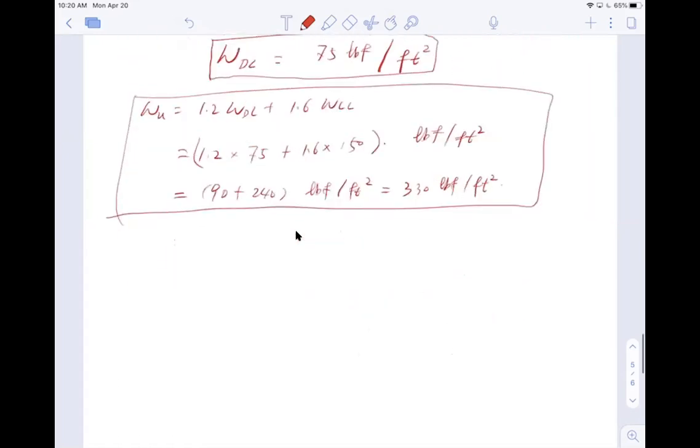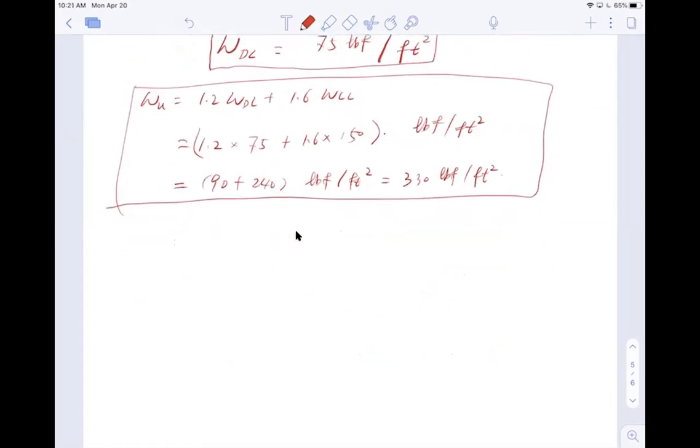Now here I have the factored load. What about moment? Eventually we're going to talk about positive moment or negative moment. So for example, the positive moment equals 1/16 omega u ln squared. So this is 1/16 times omega u, 330 pounds per foot squared, multiplied by 8.5 feet, calculated before, squared.